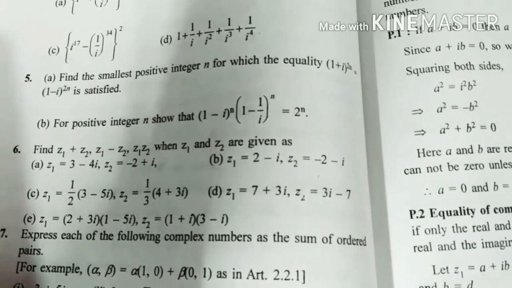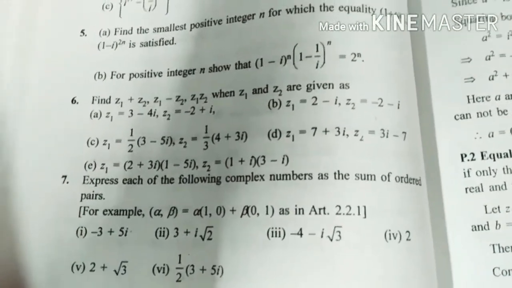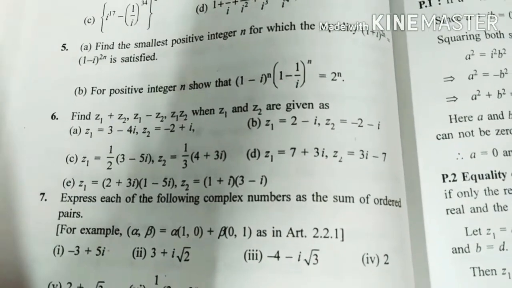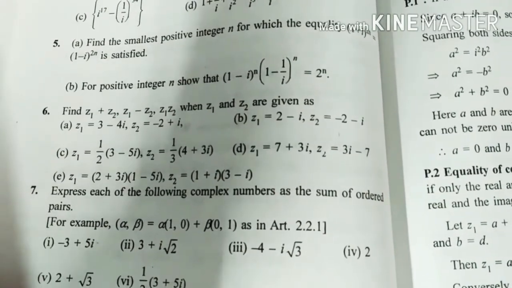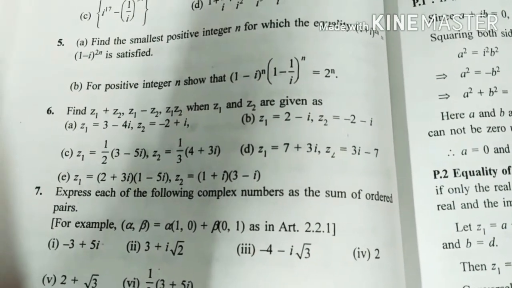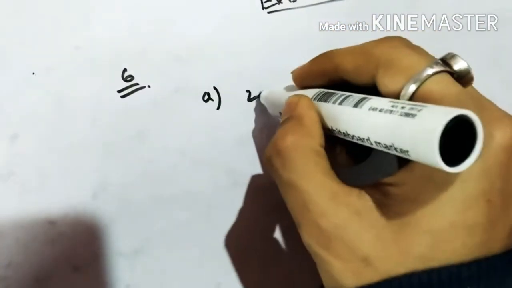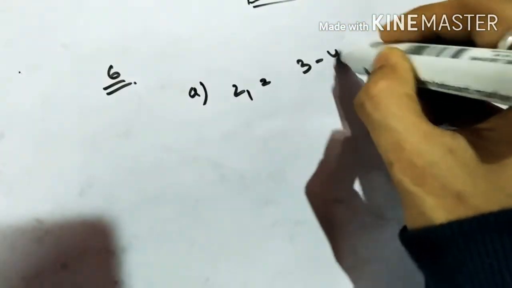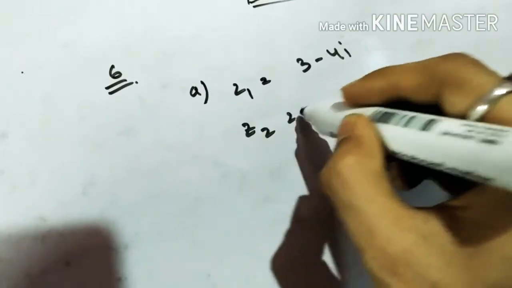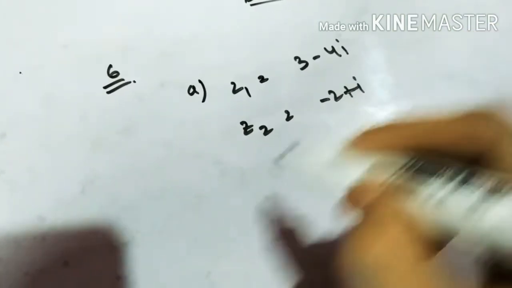Next it is question number 6. Find z1 plus z2, z1 minus z2, z1 z2, when z1 and z2 are given as this. So in question 6, z1 is given as 3 minus 4i and z2 is given as minus 2 plus i.